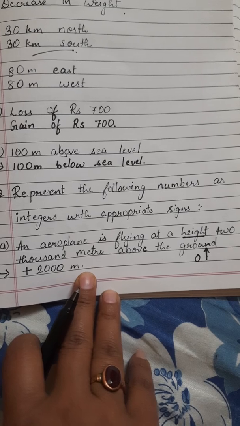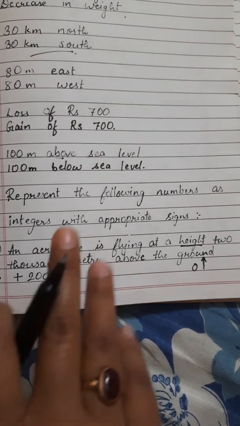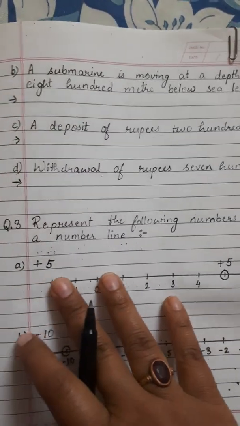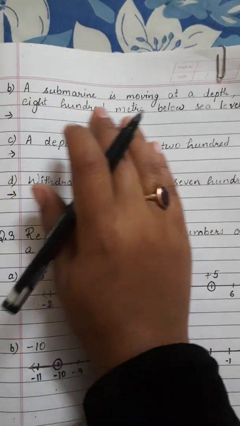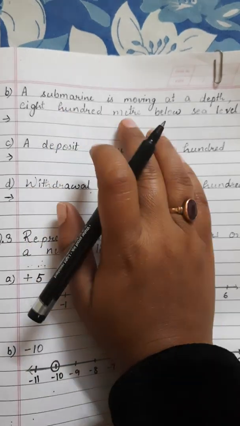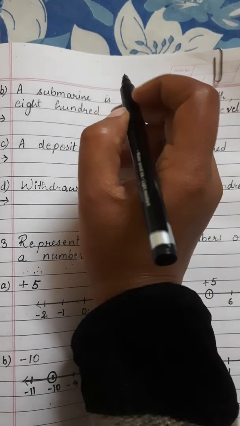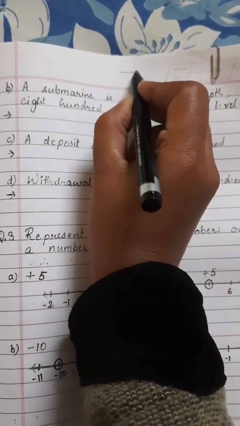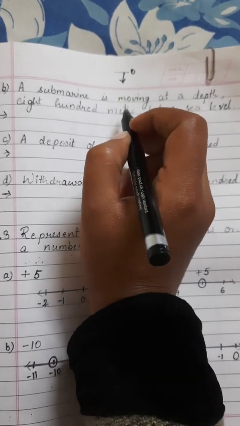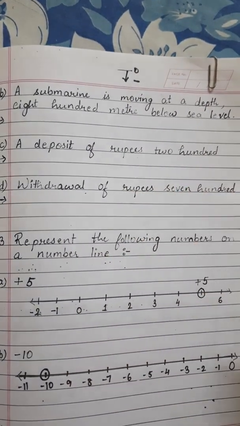So I hope the next question will be very easy for you because it is the opposite of this question. Let's see what is there. Next is a submarine is moving at a depth of 800 meters below sea level. Depth means, if this is the sea level, which is 0, and the submarine is moving below the sea level, it will go in the negative direction.